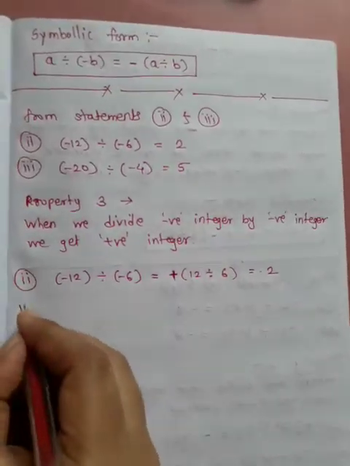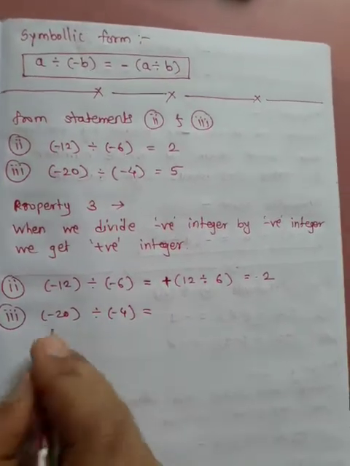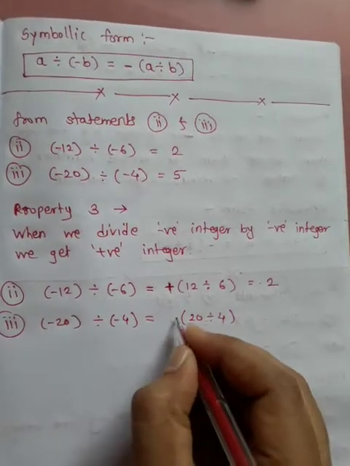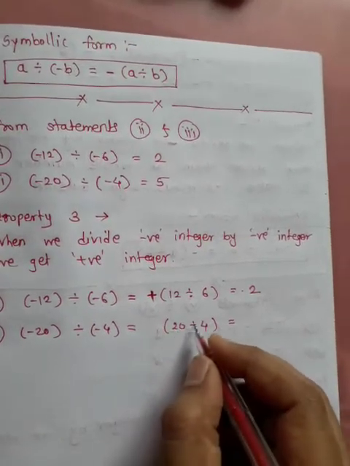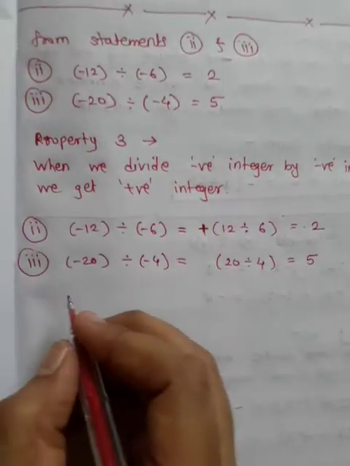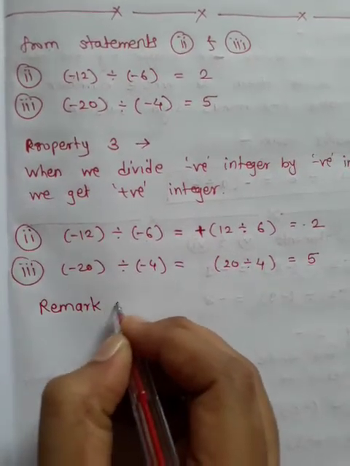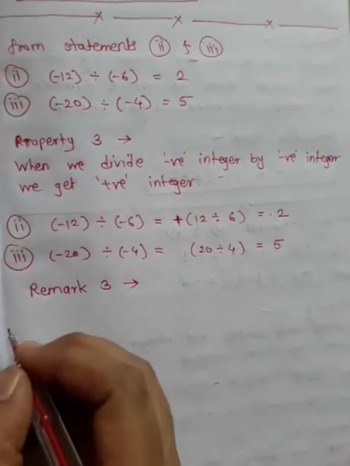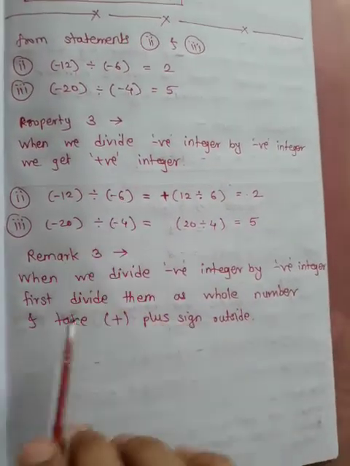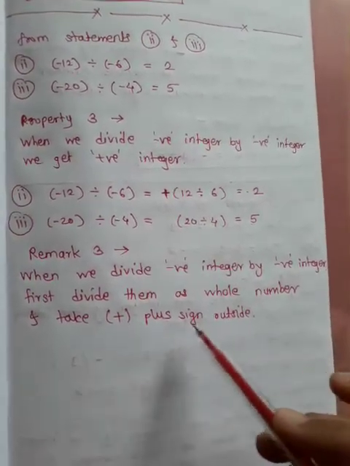Now statement 3. What is statement 3? Minus 20 upon minus 4. When we divide a negative integer by a negative integer, first divide them as whole numbers and take the plus sign outside. 20 upon 4 is 5. So here we get remark 3. And what is remark 3? When we divide a negative integer by a negative integer, first divide them as whole numbers and take the plus sign outside.